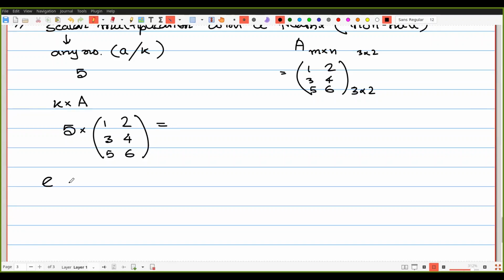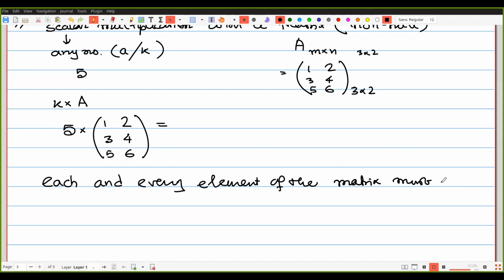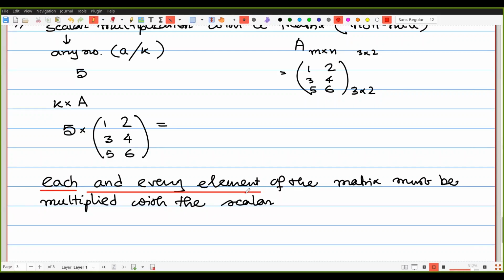Remember, in the case of a matrix, each and every element of the matrix must be multiplied with the scalar. The important thing is each and every element.